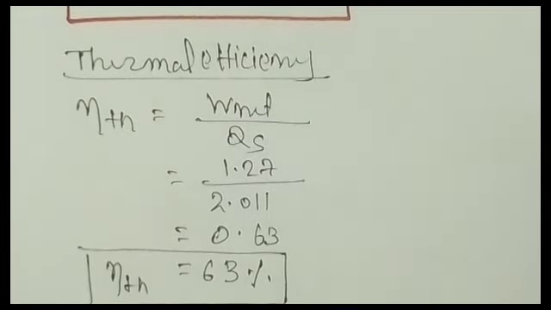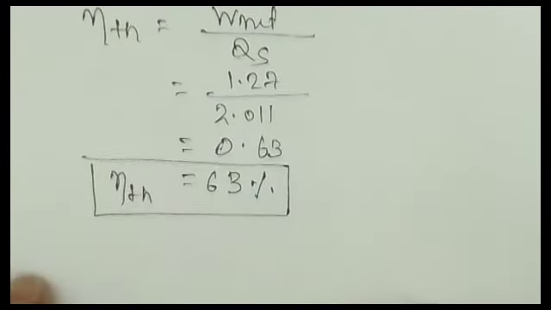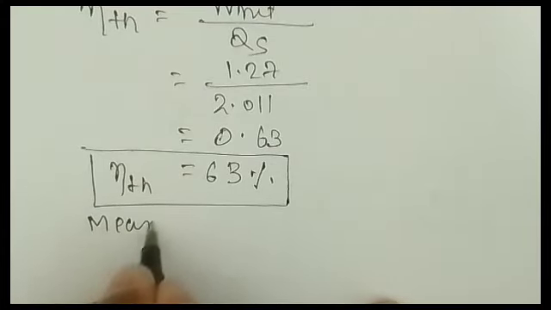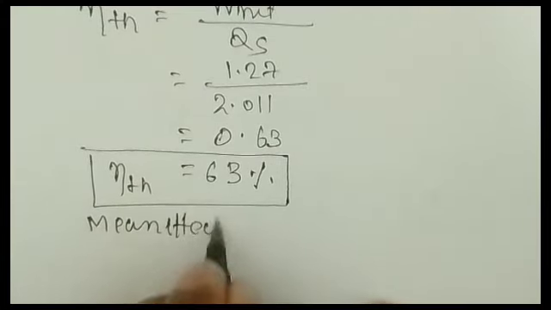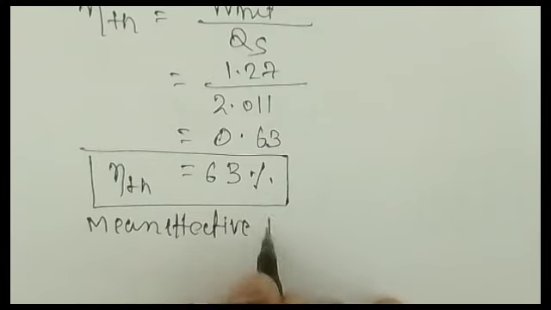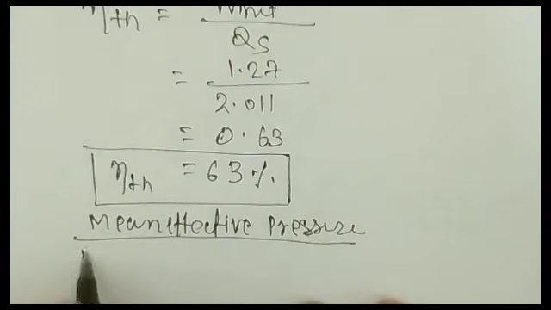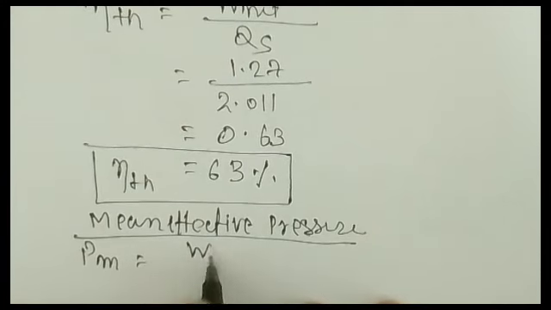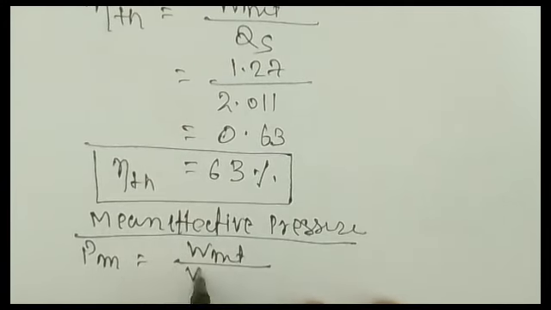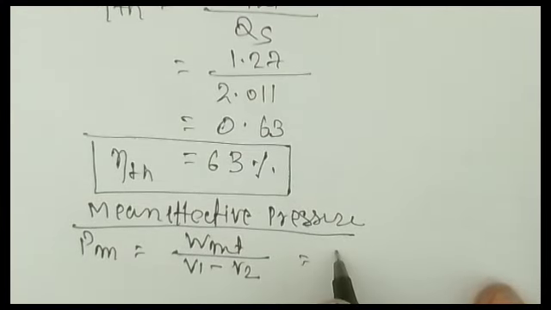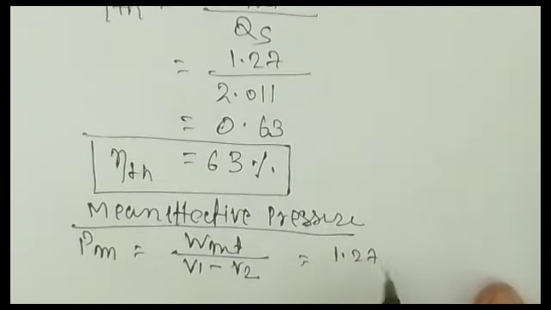Next we have to find out the mean effective pressure. How can you calculate it? That is PM is equal to W net by swept volume. Swept volume means V1 minus V2. All the values you have, that is W net you calculated 1.27, right?